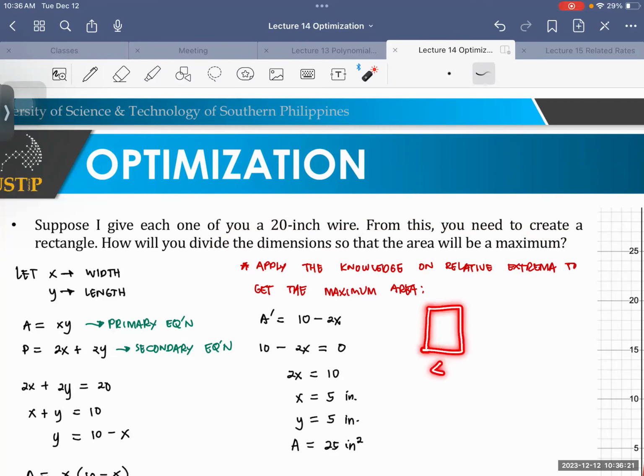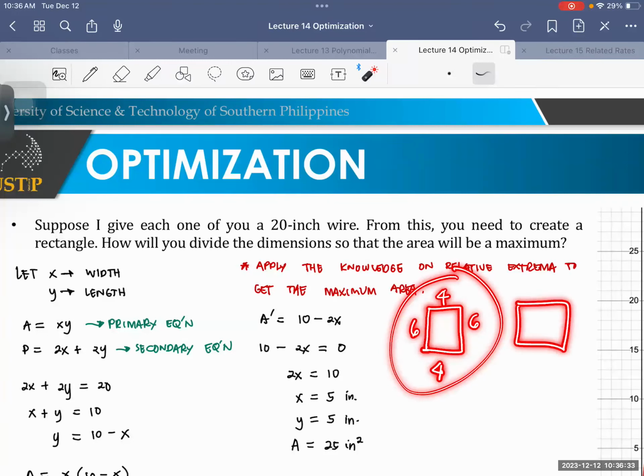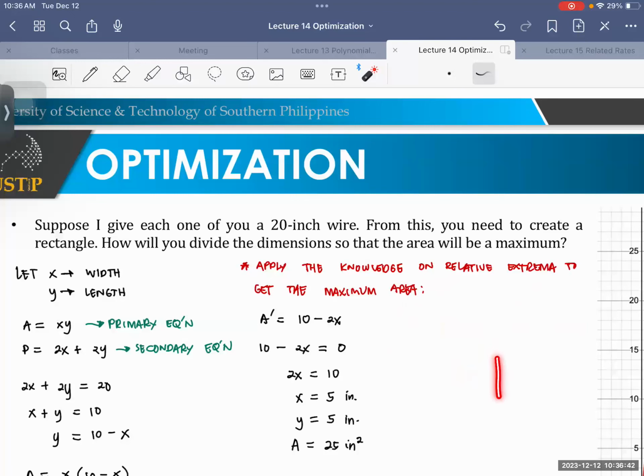For example, this is 4 by 4 by 6 by 6. Tama ba? Tama. Okay? Kana 20 man ang total ana, di ba? Pwede sad ka unsa man 5 by 5. Okay? A square is a rectangle, class, okay? Pwede sad ka unsa man 7 by 3, di ba?